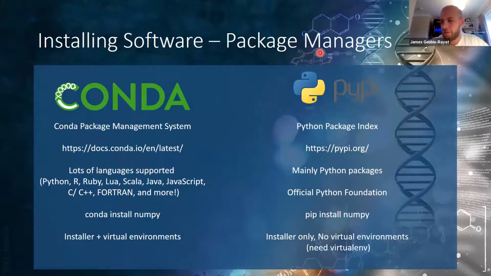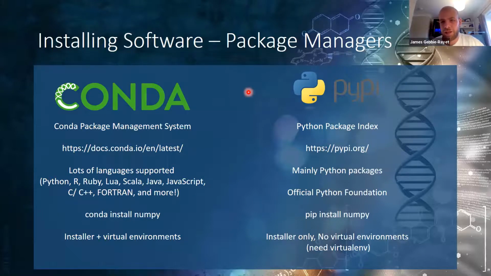Probably one of the easiest ways for you to install a lot of the software packages is using these two tools here: there's Conda and there's the Python Package Index. These are basically giant repositories of software that people have compiled and got into a state where they can be delivered via these installation systems.